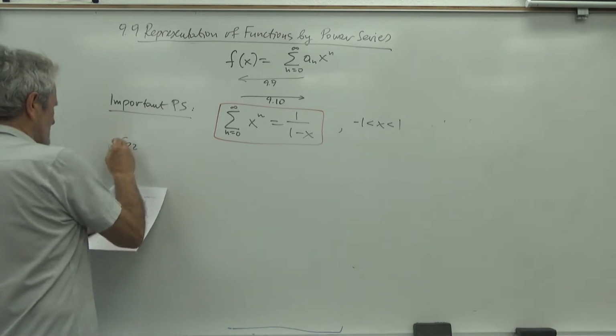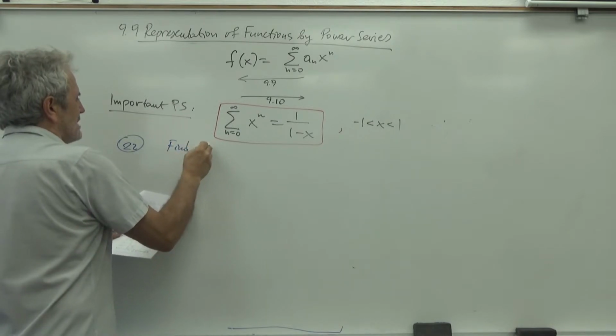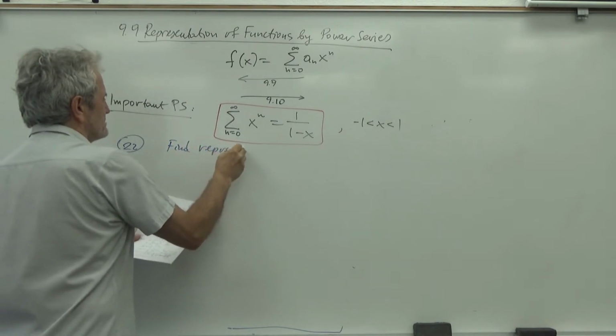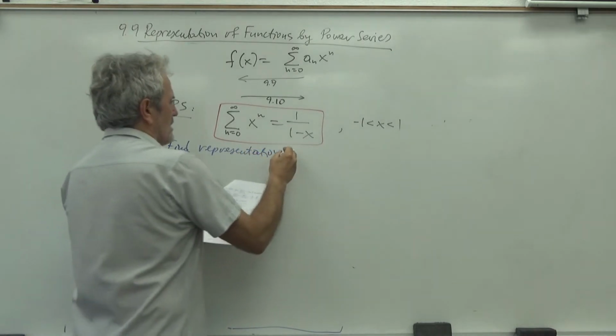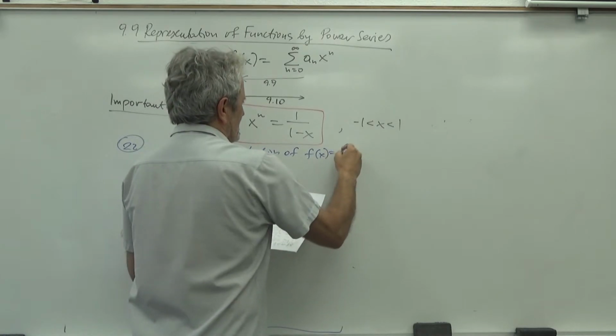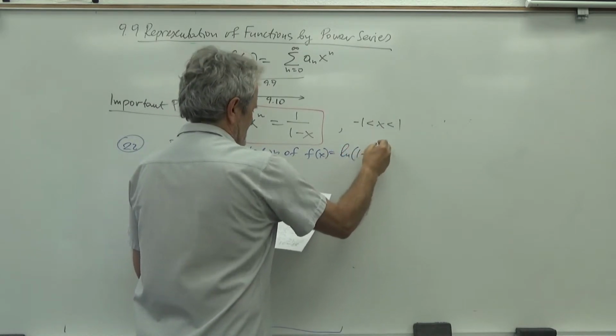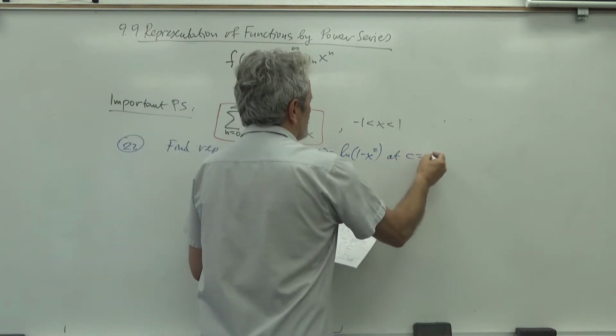Problem 22: find the power series representation of f of x equals ln of (1 minus x squared) at c equals 0.